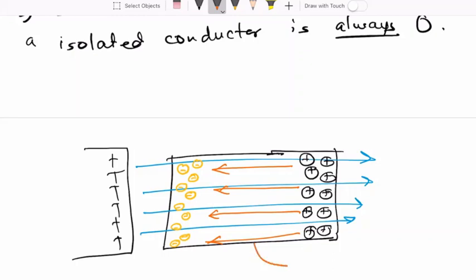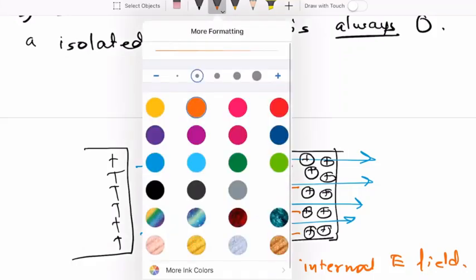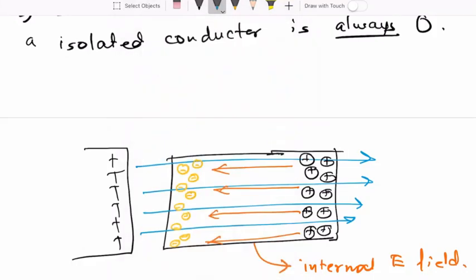So this is the internal electric field, and the blue one, of course, is the external electric field. And then you will have zero electric field in the interior of the conductor.